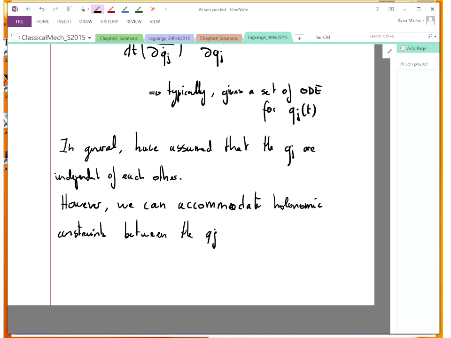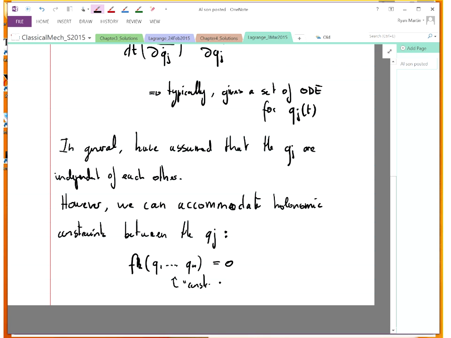So if the equations that allow us to eliminate the q's are holonomic, that is, they are a constraint equation between the coordinates, then we know we can use this method of Lagrange multipliers to have these extra degrees of freedom. So these holonomic constraints would be something like an equation, some function f_k of all of the q's equals 0.